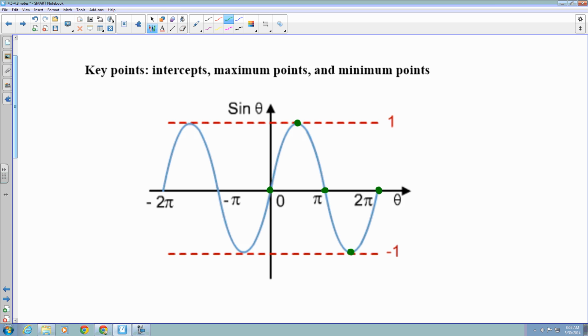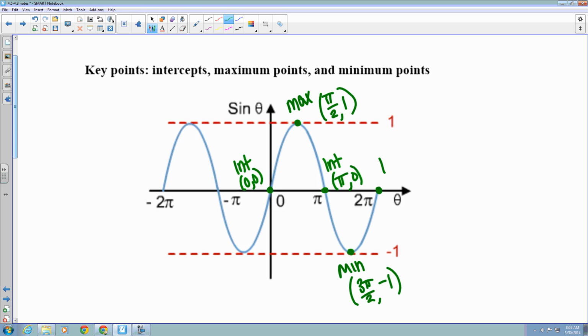So sine starts at an intercept of 0, 0, goes up to the max, which occurs at pi over 2, the max is 1, goes to another intercept, goes down to the minimum of -1, and lastly ends at an intercept. Okay, so whenever we graph any sine function at all, whether it's the basic one or it has transformations, we always need to graph those 5 key points.